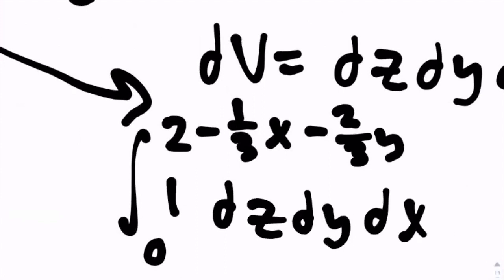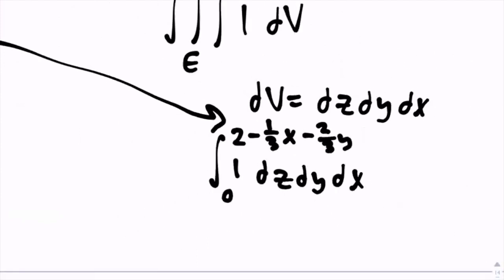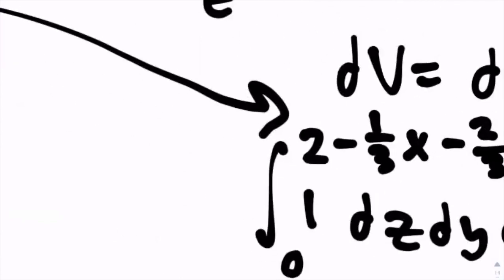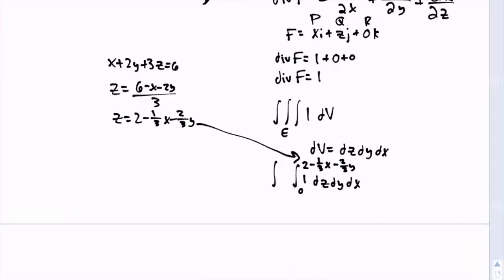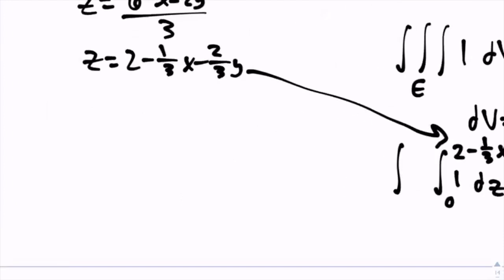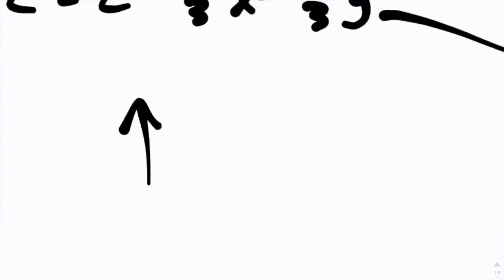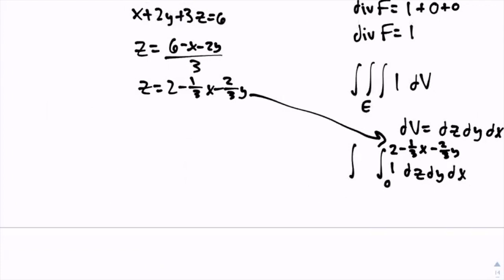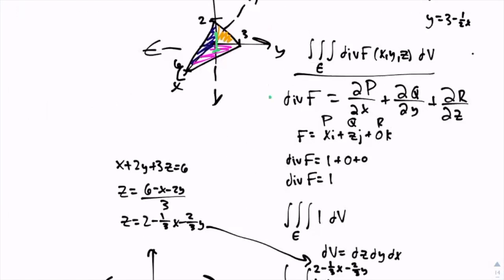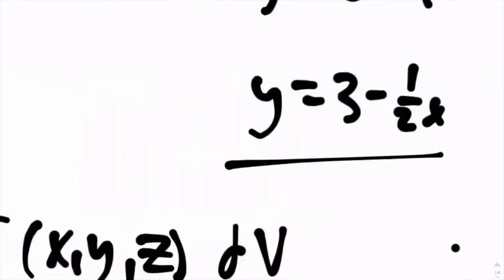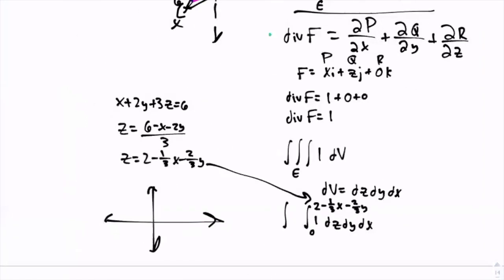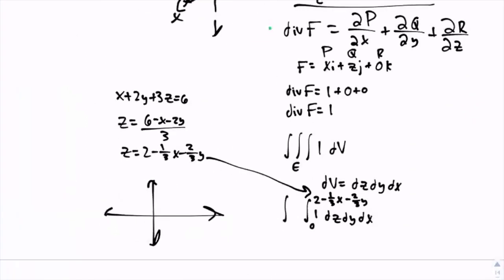As mentioned above, our integrand right here is just going to be dz dy dx. We can stick the 1 in here just for a placeholder of sorts. Now looking at our y bounds, we're going to have to move over to the xy plane, which we had previously investigated a little, but let's actually draw it out this time. So on the xy plane, setting z equal to 0, we see that that is a line on the xy plane that we should be trying to graph.